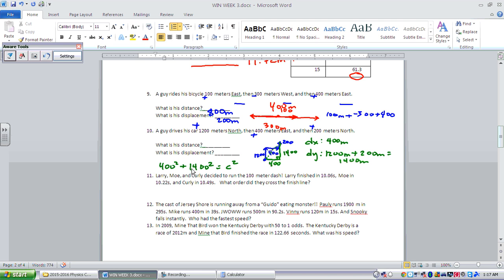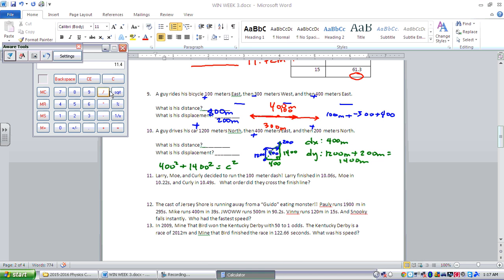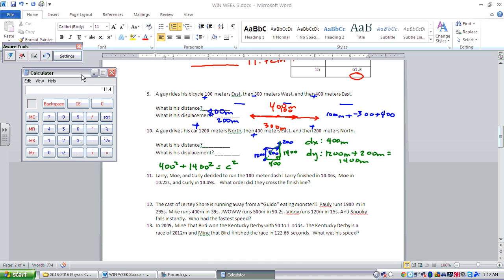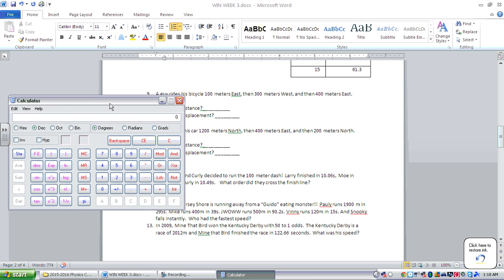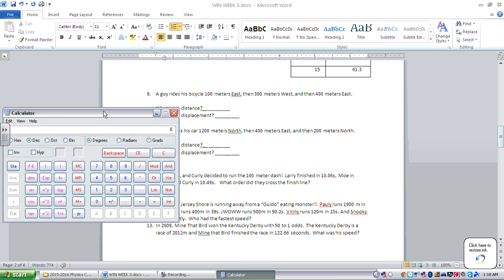And once you simplify this, 400 squared, so 400 times 400, that's going to give you 160,000.